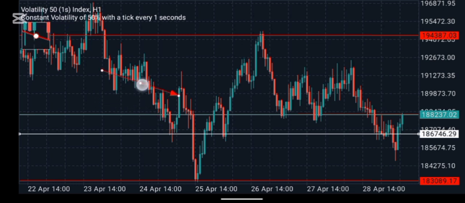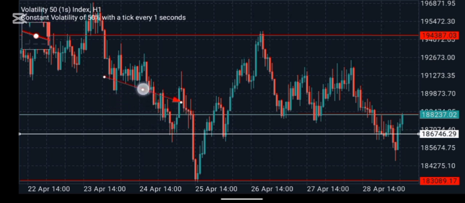So the market now came here, broke it, so now it's acting as resistance, right? So it came down here, retest this line, acting as support. So it came up here and retest this line, acting as what again? Resistance. This was the former resistance.